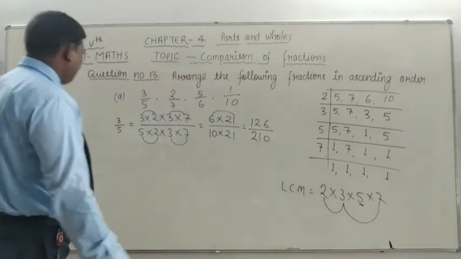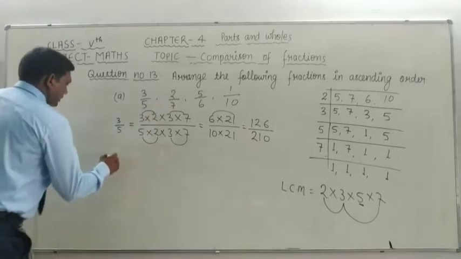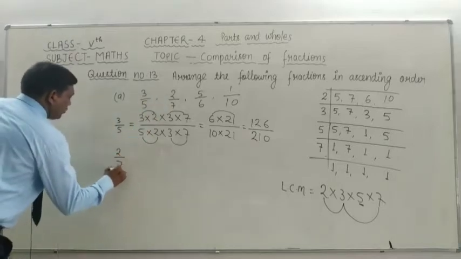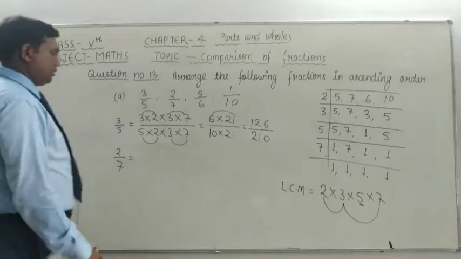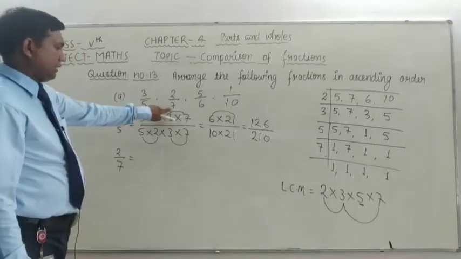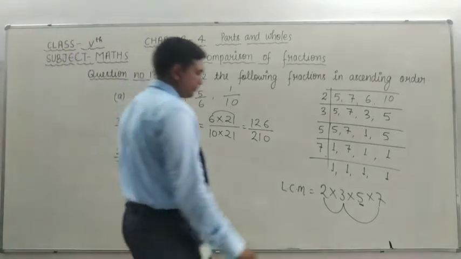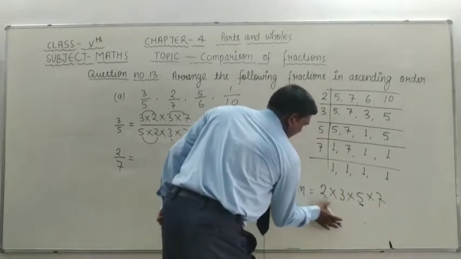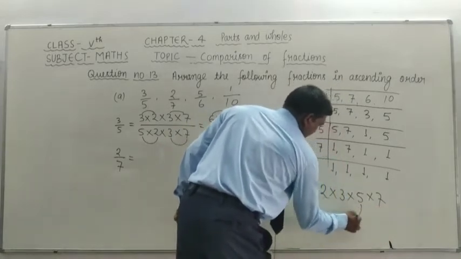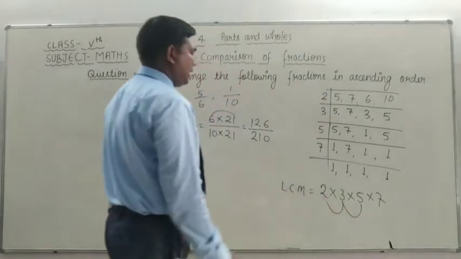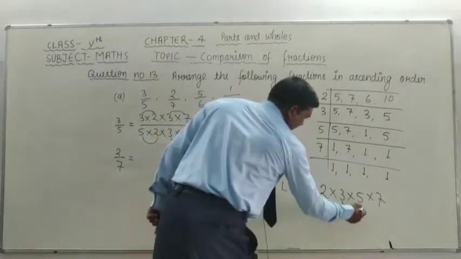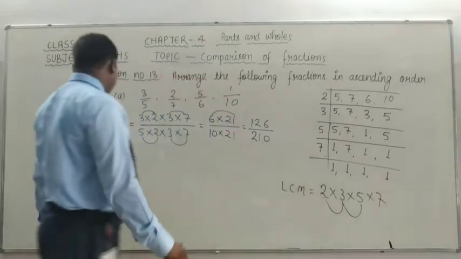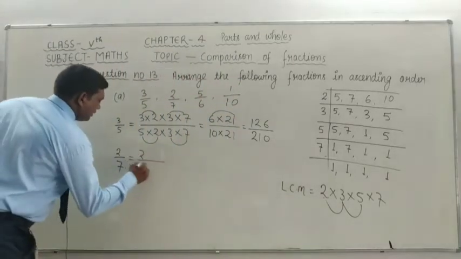Okay, similarly in this question 2 over 7 is equal to. Here given that 7 as denominator, therefore we have to take the multiplication by 3, 5 and 2. It means that 5, 3 and 2. Okay, look at here carefully.